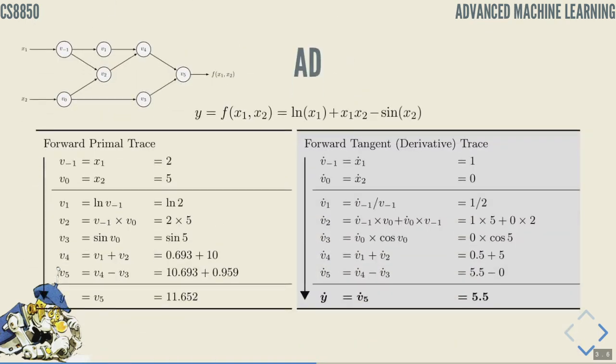Okay, now what is happening in parallel when we are computing the forward mode AD? Forward mode AD, what it does is, let's assume we want to compute the derivative with respect to the first value, just x1.